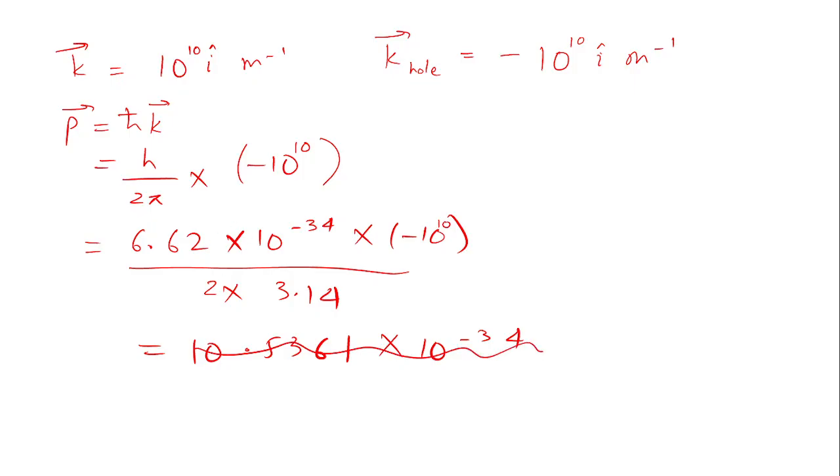So this will be 6.62 divided by 3.14 times 2, which will be 1.0536, and 10 to the power minus 34 plus 10 means 10 to the power minus 24, in joule second per meter, with the minus sign because this is for the hole.